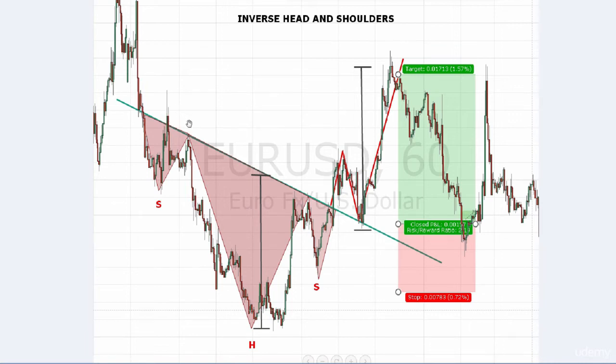What is important is that after the formation of the pattern and breakthrough of the neckline, the price made a return to the same line and gave us the ideal situation for entering the buy position. Stop loss is placed under the right shoulder and the target is from the high of the neckline to the bottom of the head. We see the market with a vertical black line.